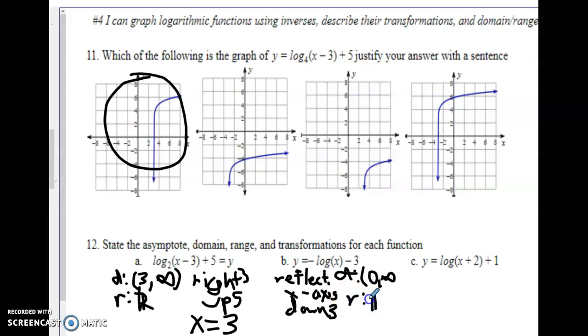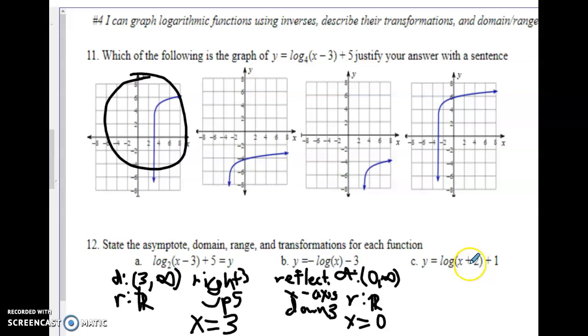The range is not affected either because it's a log function and the range is all reals. And this also still has a vertical asymptote at x equals 0, and you can get that from this information up here. 0, and because it's the domain, it's x equals 0.